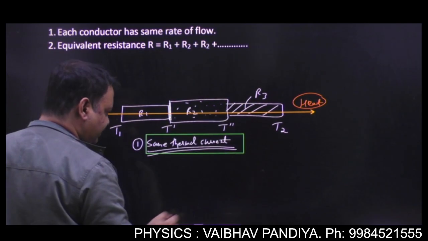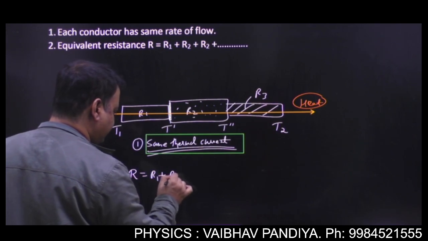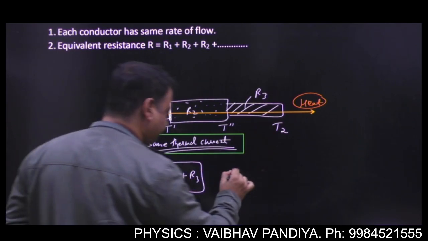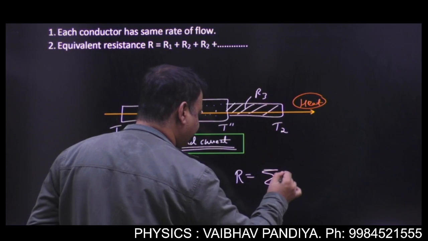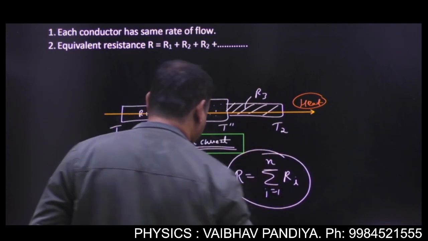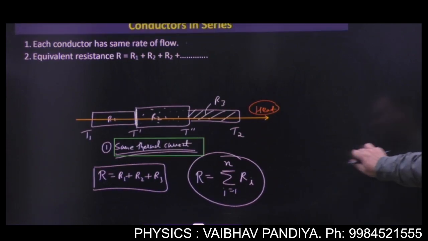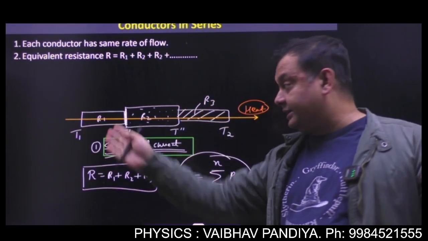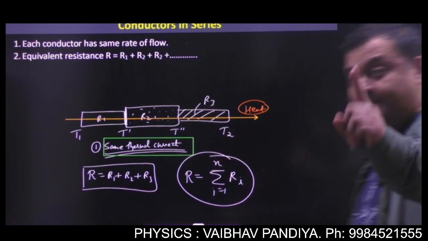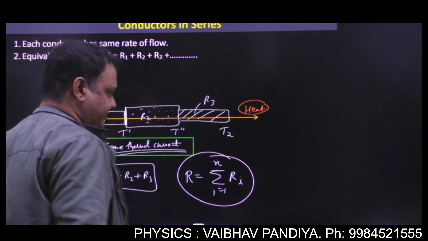So your net resistance will be, like we do in current, the sum of the individual resistances. In sigma notation, you can write sigma Ri, i begins with 1, runs till N. The same concept as electricity. Whenever the slabs are connected like this, forming the series formation, every cross section will have the same thermal current, and the net resistance will be the sum of the individual resistances. Got it?